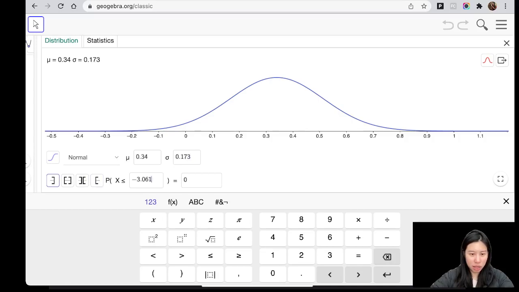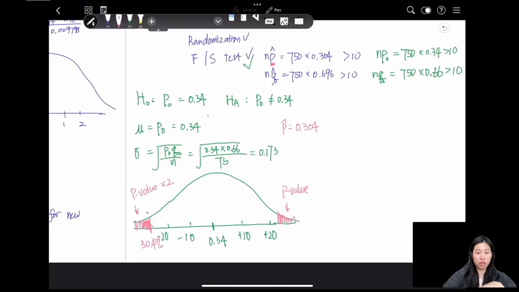When x is less than 0.304, it equals 0.0001, and then we need to times 2. So our p-value after times 2 should be 0.0002.